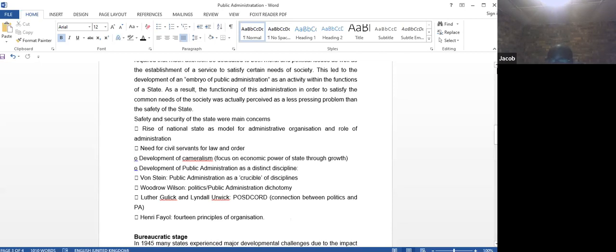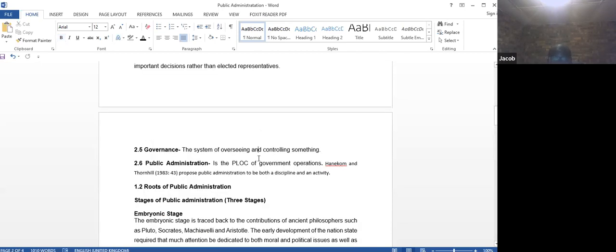You might find a question asking you to briefly explain the roots of public administration, or one saying discuss the evolution of public administration. This is the same question. So don't be confused when you find a question asking about the roots and one asking about the evolution of public administration. It is just the same question.